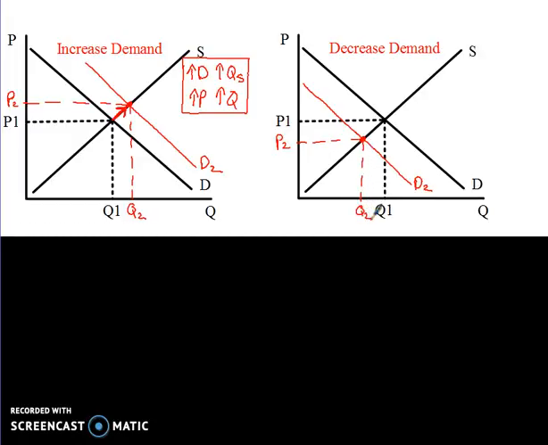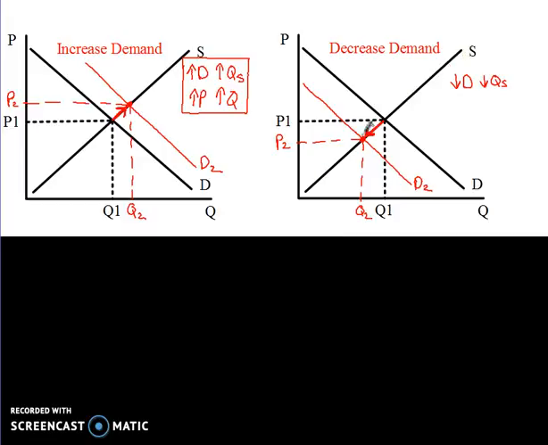And then let's record the 4 things that happen. Whenever you get a decrease in demand, that's going to cause you to move along the supply curve. There it is, moving along the supply curve. We move to the left along the supply curve, so that's called a decrease in quantity supplied, right? Because the supply curve didn't shift.